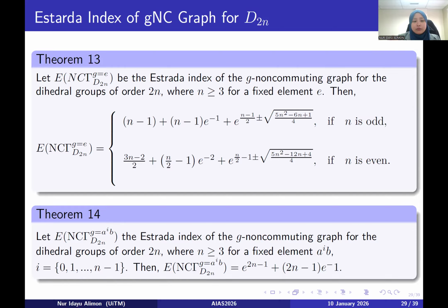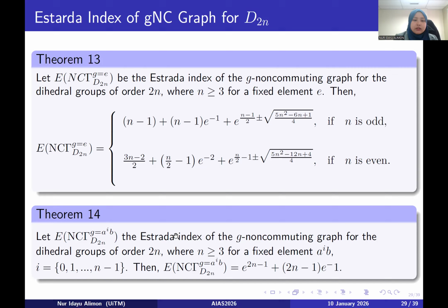So with this formula, you can actually just know the value of n. How you are going to know the value of n is from the group itself. So we have the dihedral groups of order 2n, and let's say n starts with 3. So n equals 3, just plug in with the odd. n equals 4, you plug in with this, n is even. In this case, n is even. So you will get the answer. So it's much easier and faster.